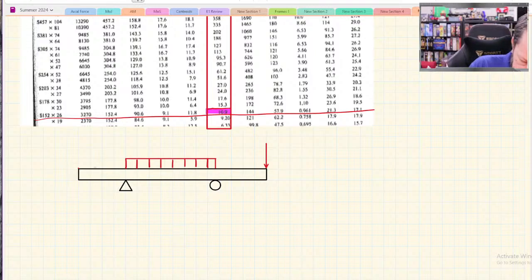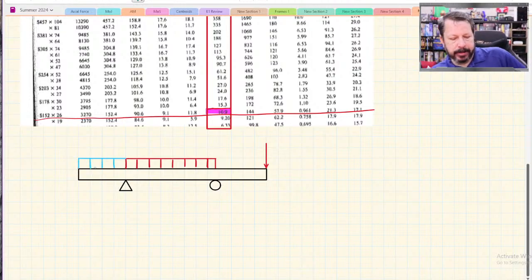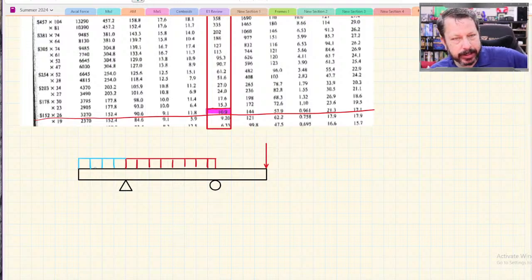I'll do it blue, just to keep it separate from that other piece. I'm doing that because the cantilevered section under the blue part of the distributed load, I'm going to have to treat differently than the distributed load between the pin and roller.